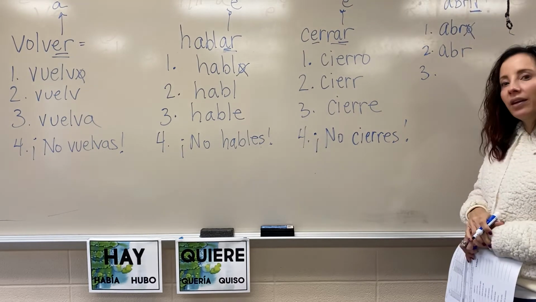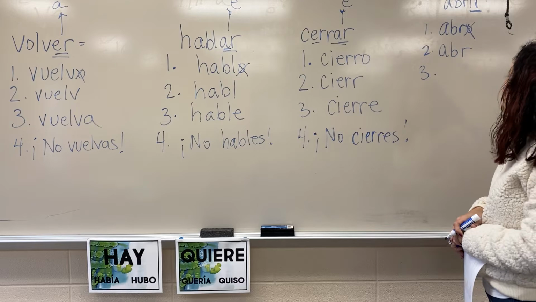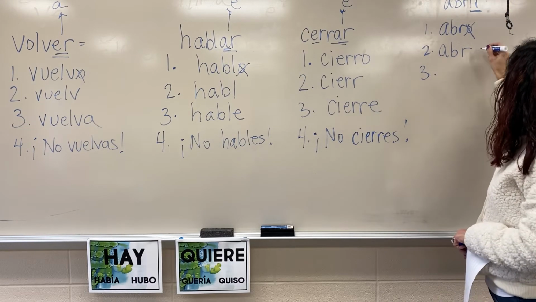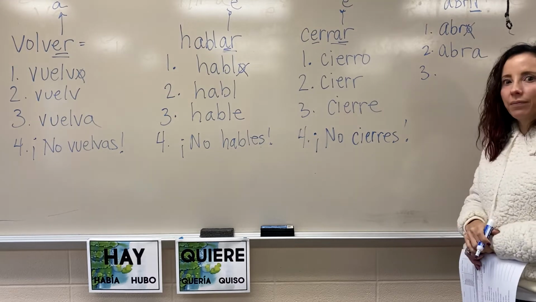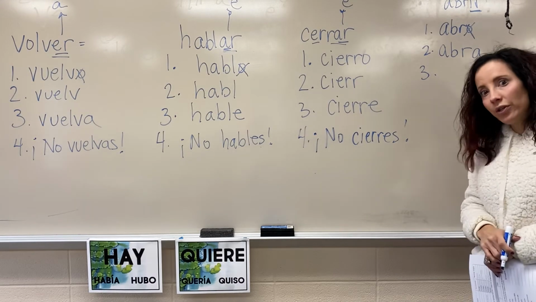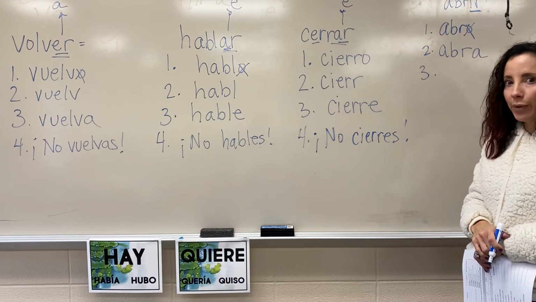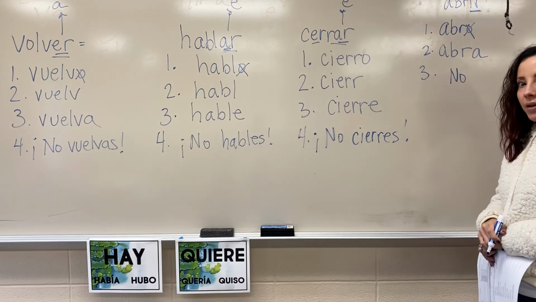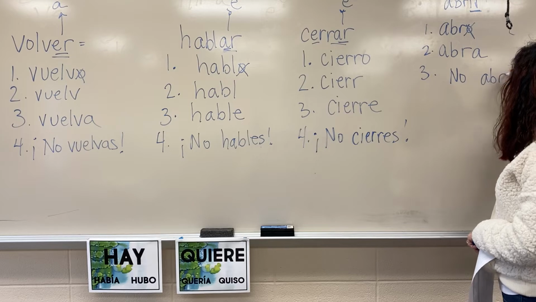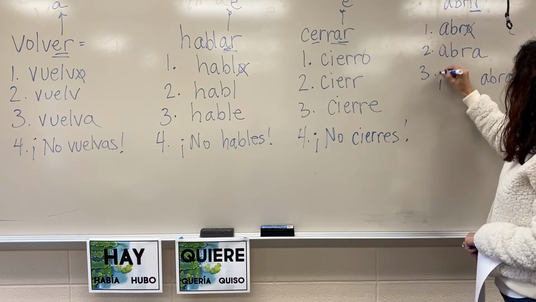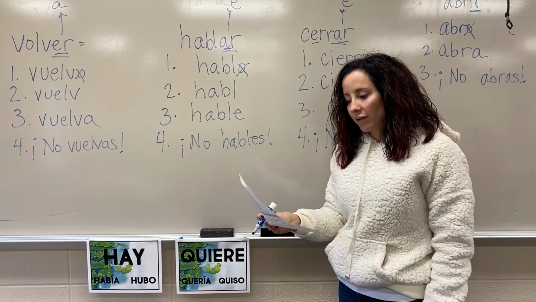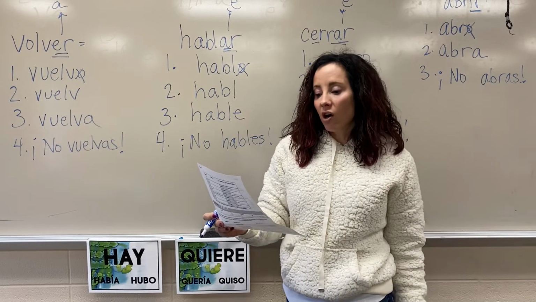What's the opposite ending of an IR verb? An A. Abra. And last, what do you do? What do you put in front? No. And what do you add at the end? Abras. Don't open. Good job.